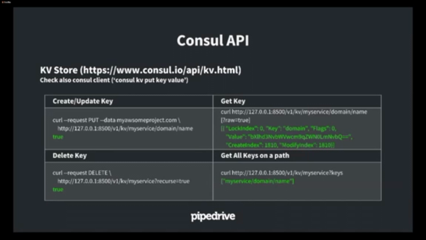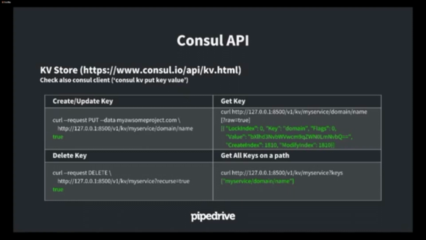How can we create a key? It's very easy. You can do it on the command line with curl, basically creating a PUT request to the IP address of Consul, port of the Consul. Usually the default is 8500. /v1/kv/ key value.